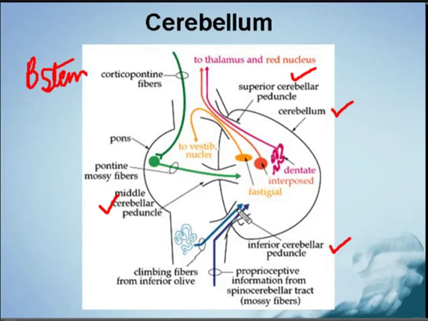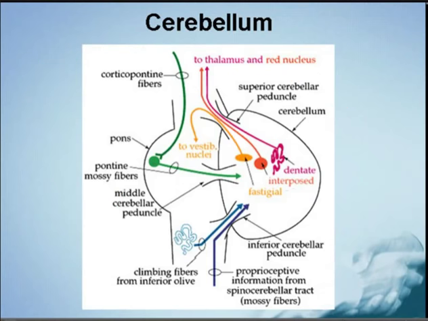So this is the spinocerebellar tracts, and it is connected to the cortex because the cortex sends fibers to a part of the brain stem, and from there it goes to the cerebellum. So you can see what a vast area of connections the cerebellum has. Let's move on to the next slide. We'll be coming back to this slide if needed.